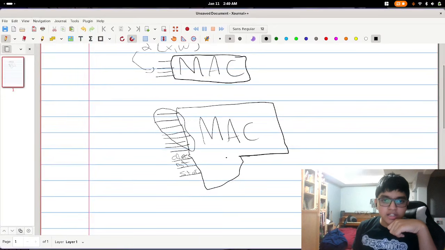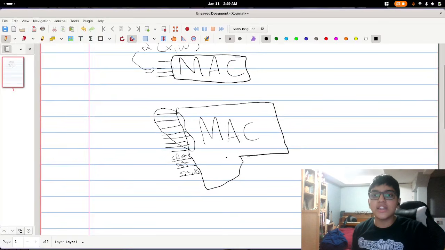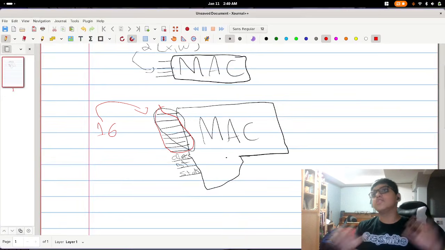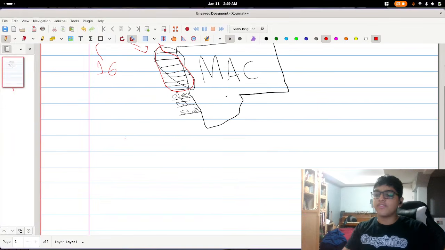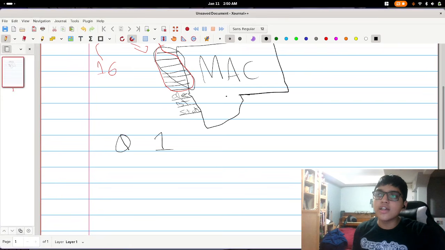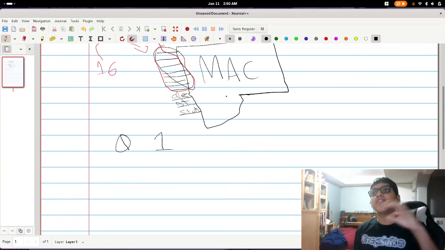To be clear, these are actually one wire each, but all of these up here are 16 wires, because it's one wire per bit. Bits are just zero and one, so you can represent a bit of information in a wire by either sending electricity through that wire or not.